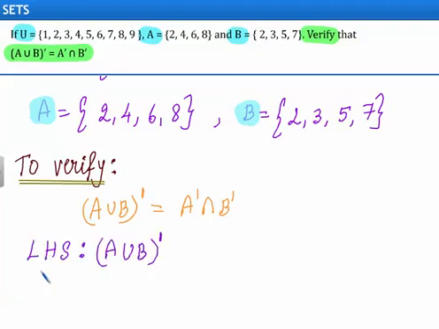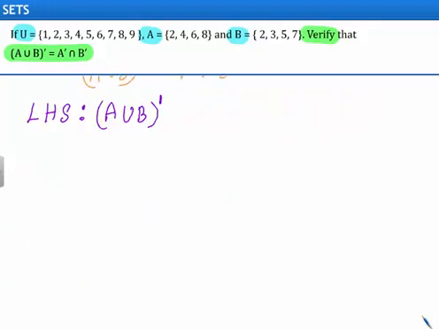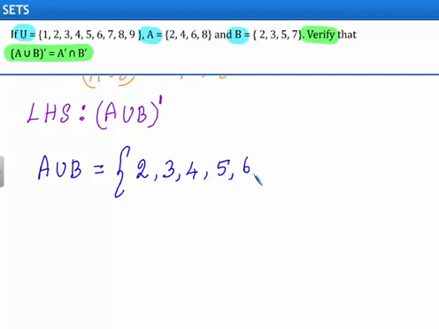First, let us consider the LHS. Here LHS is complement of A union B. To find the complement of A union B, first let us find A union B. This will be equal to set of all elements which are either in A or in B. They are 2, 3, 4, 5, 6, 7 and 8.